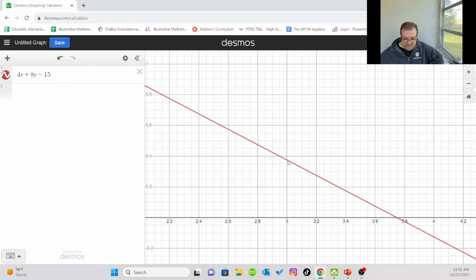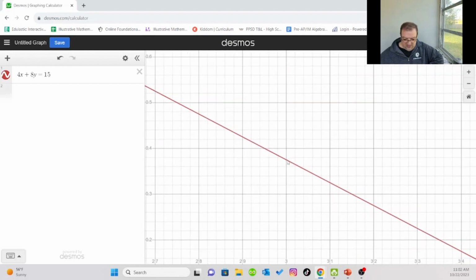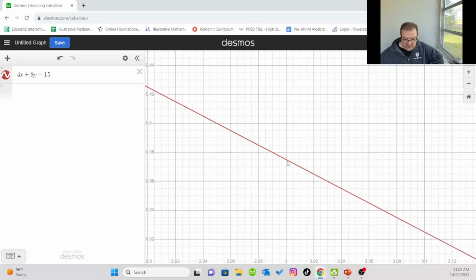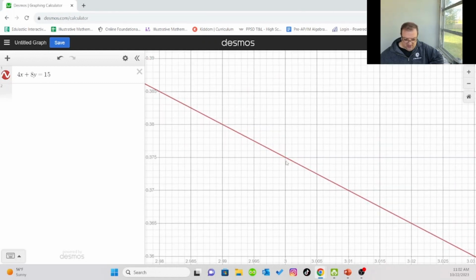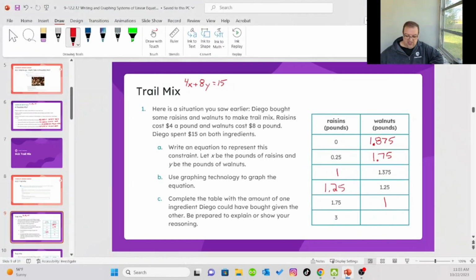I want to go up until I hit the line, and I want to zoom in to make this easier to read. X value of 3, go up until I hit the line, go left until I find a y value, and my y value is 0.375. So that's what I'll write in the table.